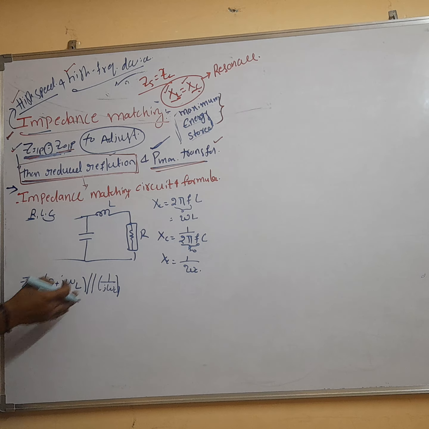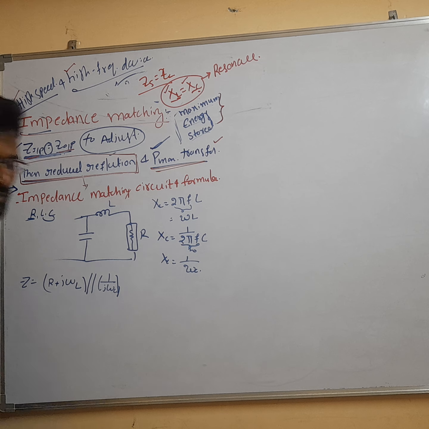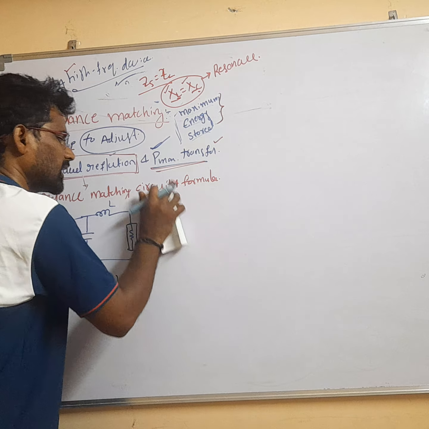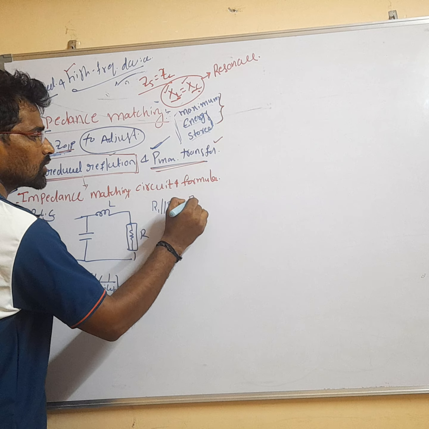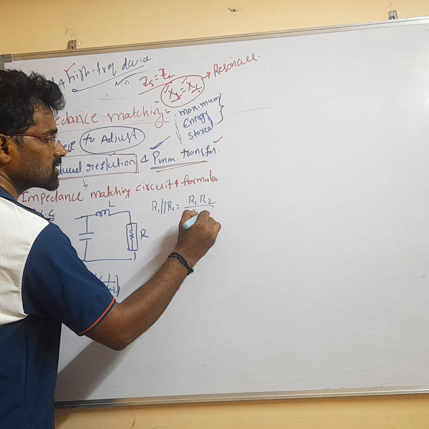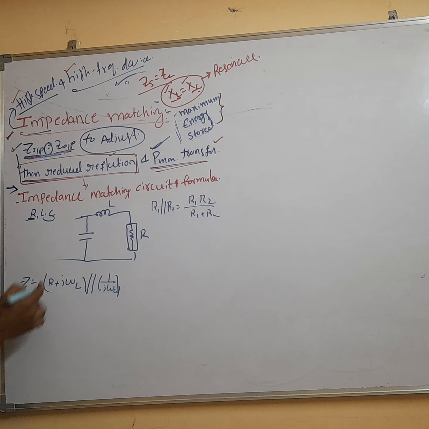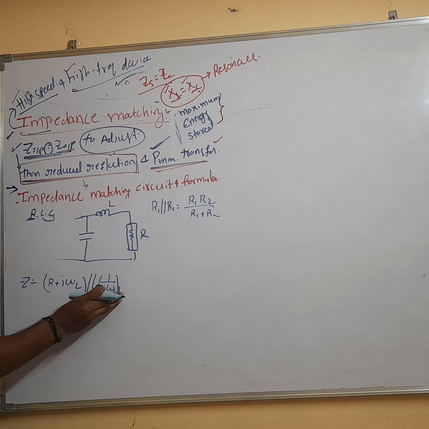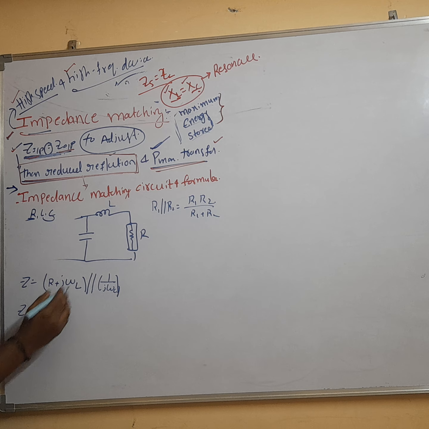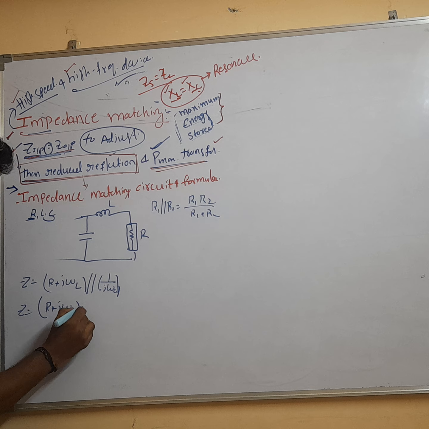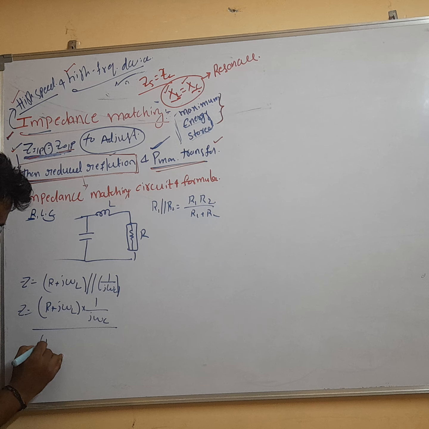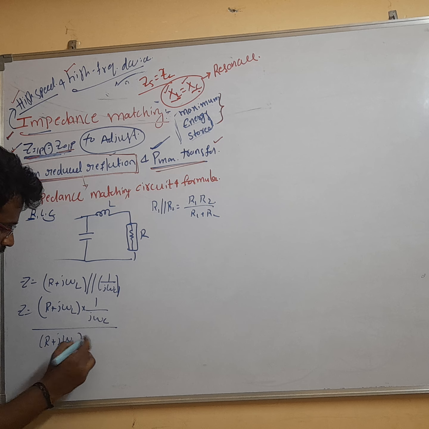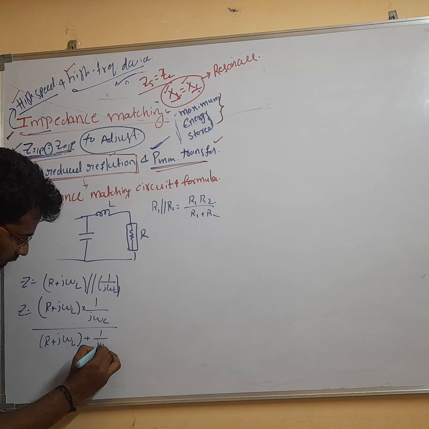From XL and XC, we write it, since both are in parallel. What is the formula for the parallel condition? Parallel of R1 and R2 is R1 into R2 by R1 plus R2. Similarly, taking this part as R1 and this part as R2, we can write Z is equal to (R plus j omega L) into (1 by j omega C) by (R plus j omega L plus 1 by j omega C).